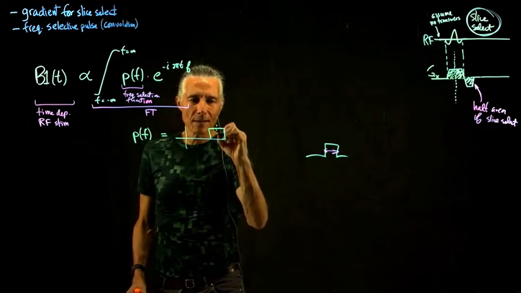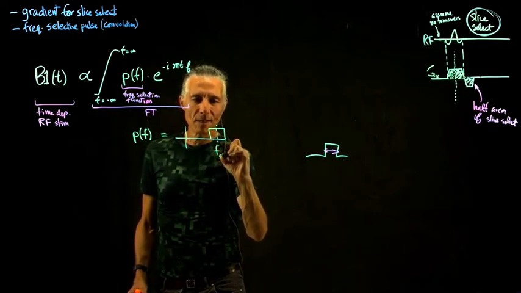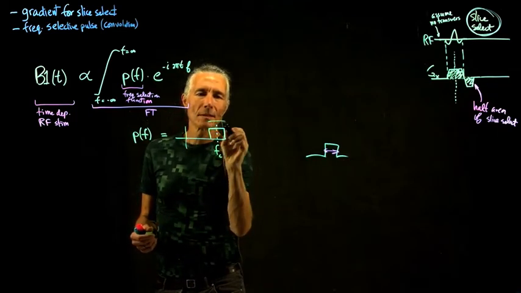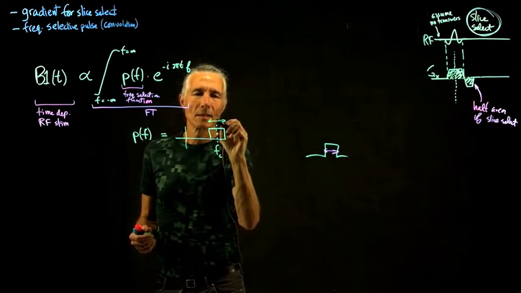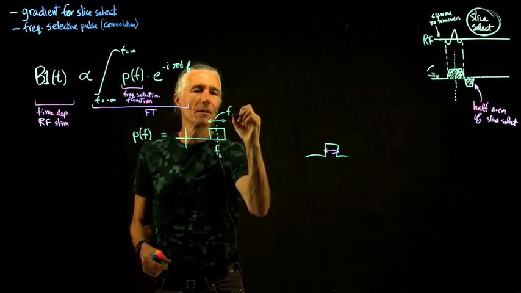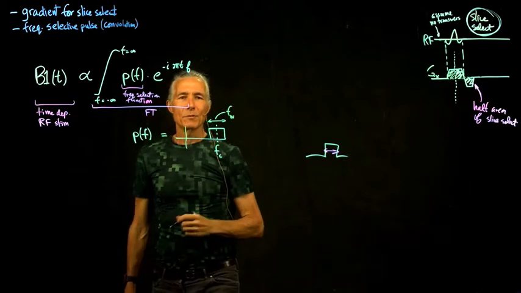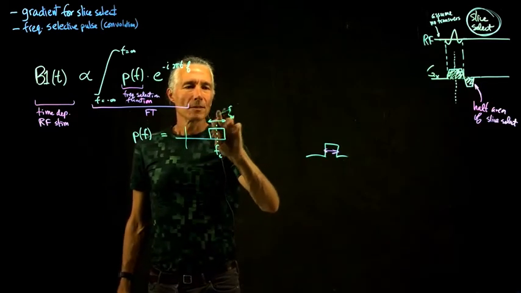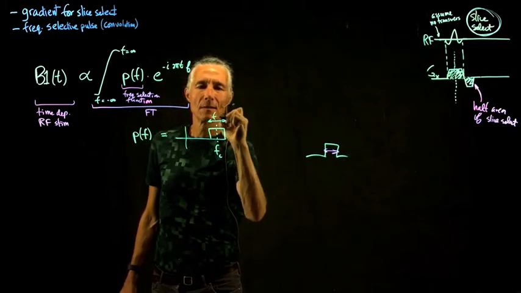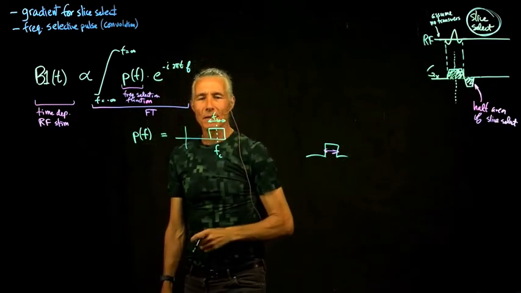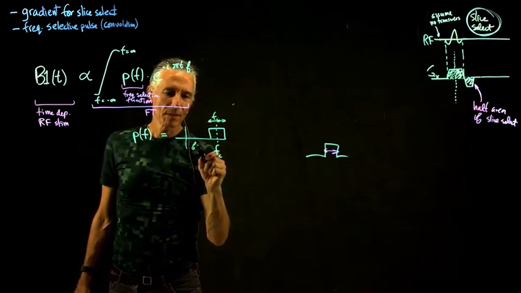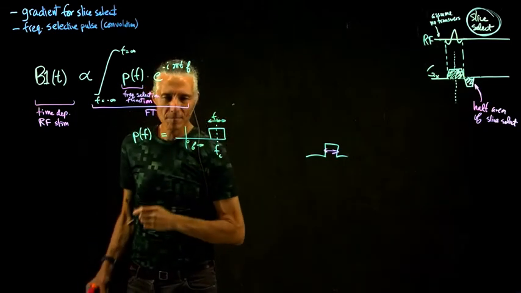So we have the center frequency, and then we've got this thing, which is the frequency width. So there's two things. So there's how wide the band of frequencies is, and then what is the center frequency. So this is frequency going in this direction and 0 there.